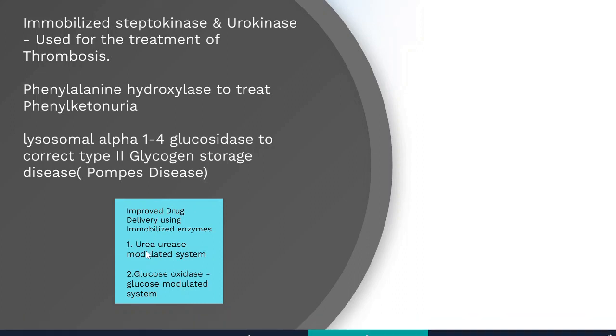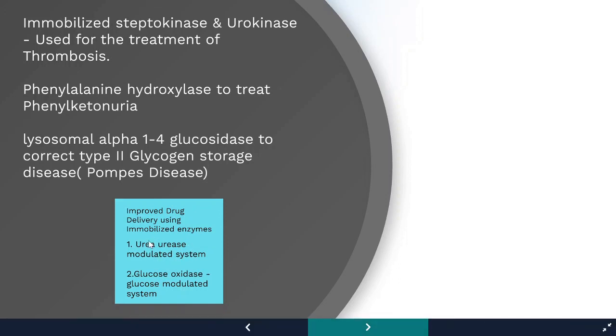Like by using the immobilized urease enzyme along with urea, the drug delivery can be enhanced because urease splits urea. As urease splits urea, there will be an increase in the pH due to the formation of ammonium hydroxide, and the drug located in a pH sensitive bioerodible polymer can be effectively released for its action by using this urea urease modulated system.